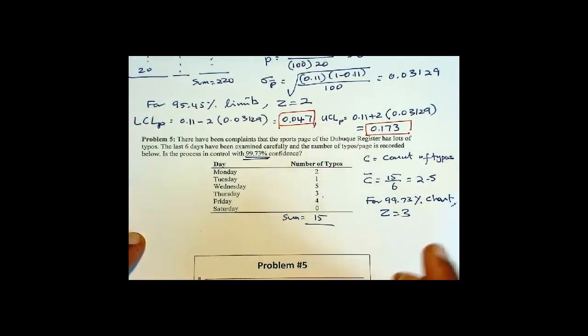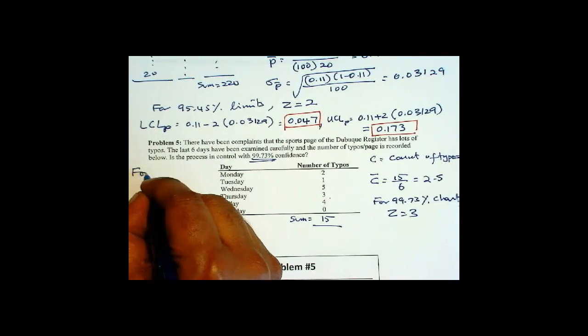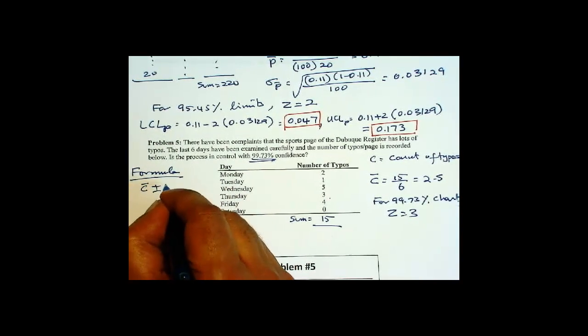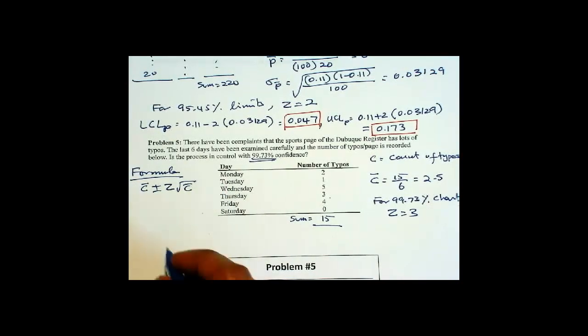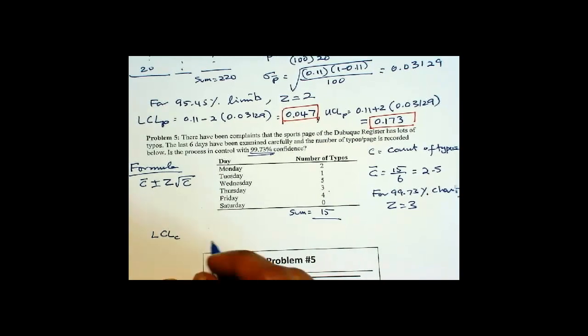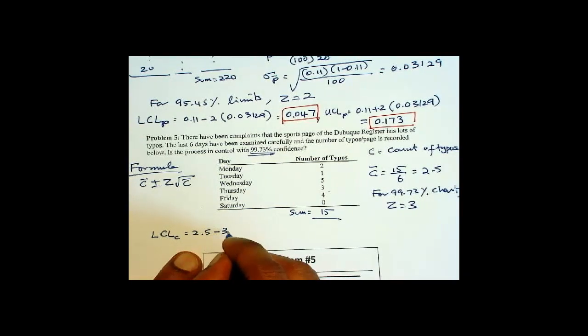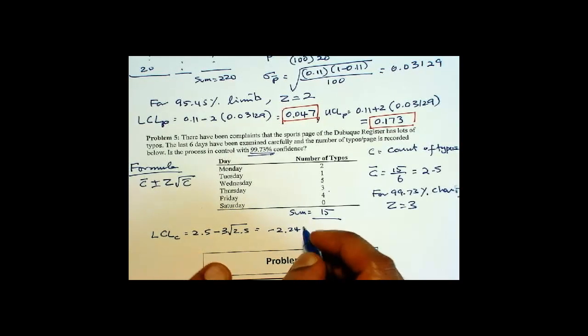Z is 3. Okay. And the formula is C bar plus or minus Z times square root of C bar. So our lower control limit for C is 2.5 minus 3 times square root of 2.5. So that is minus 2.24. Remember, it can be negative.